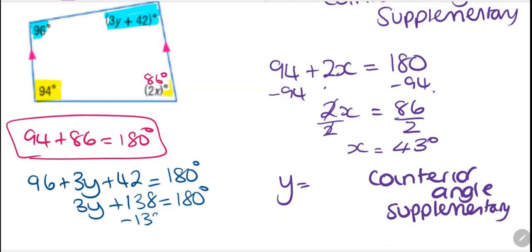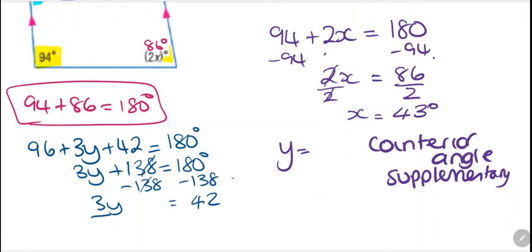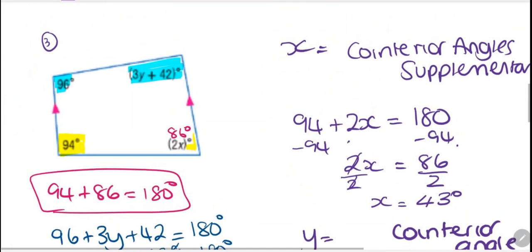If I minus 138 from both sides, we have 180 minus 138, which is 42. And if we divide both sides by 3, y is 14. So 3 times 14 is 42. 42 plus 42 is 84.